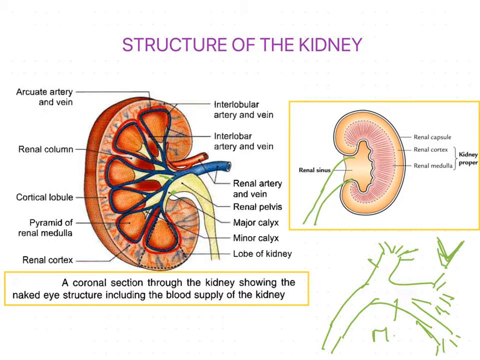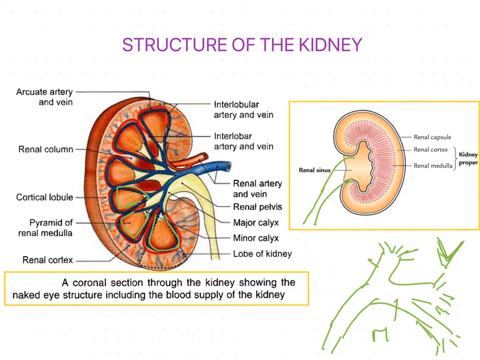So before starting the renal cortex, first we will see the structures of the renal medulla. The renal medulla is made up of about 10 or more conical masses, called the renal pyramids.